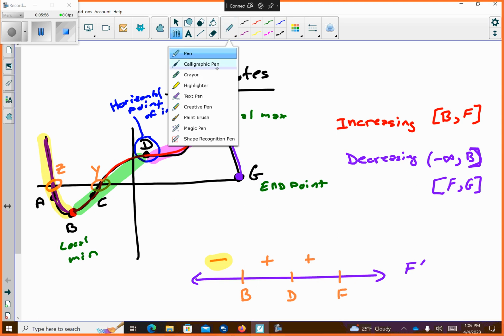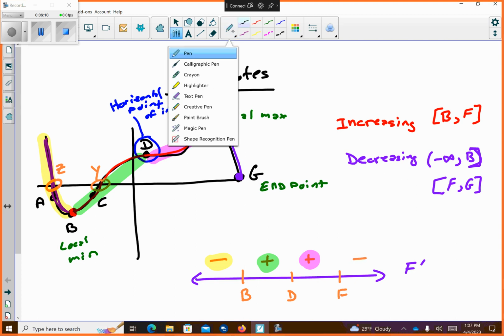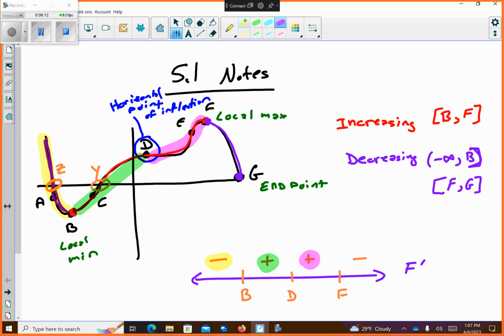So, highlighter and highlighter. And then the last region of our graph is negative, because the last region of our graph is talking about blue, this region here.